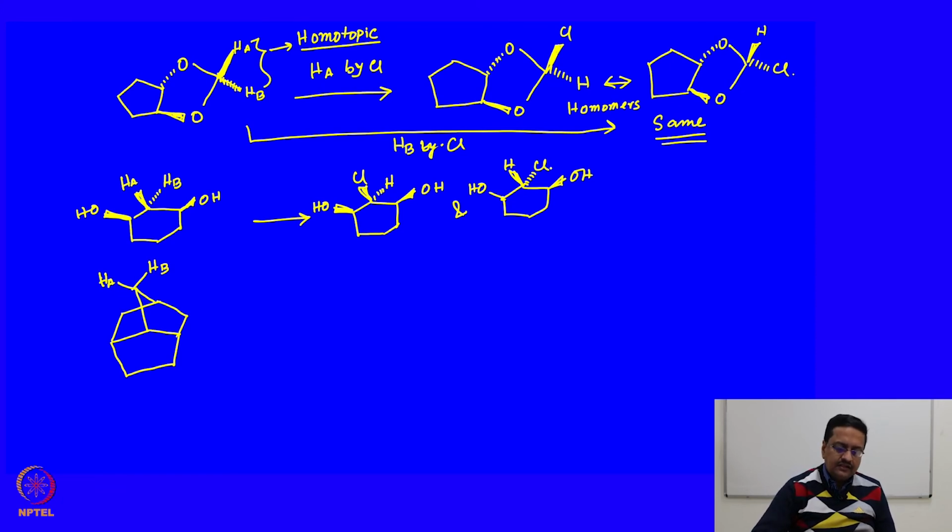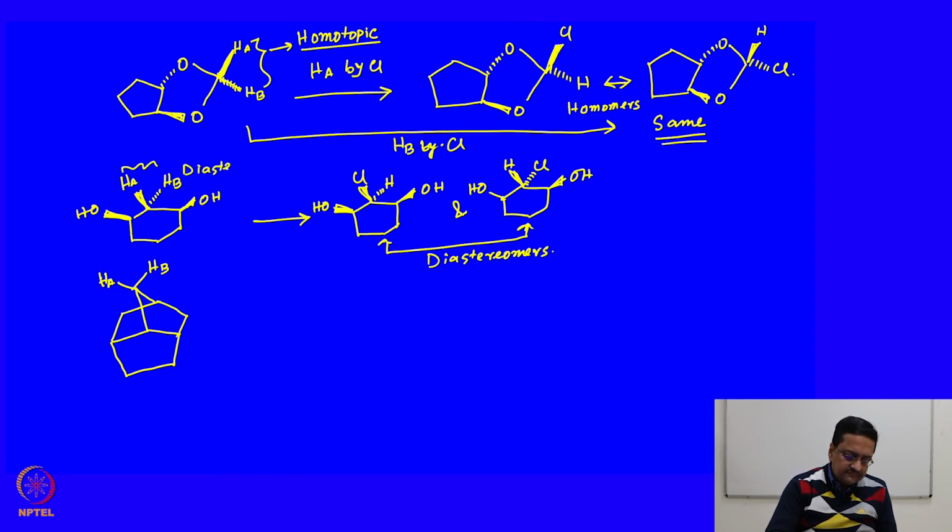So, what we see here are these two are chiral compounds, but they are a pair of diastereomers because they are not related by any mirror image. So, these two hydrogens are diastereotopic. So, now if we try to do the same operation on these two hydrogens, we replace them one by one by chlorine. Let us see what happens.